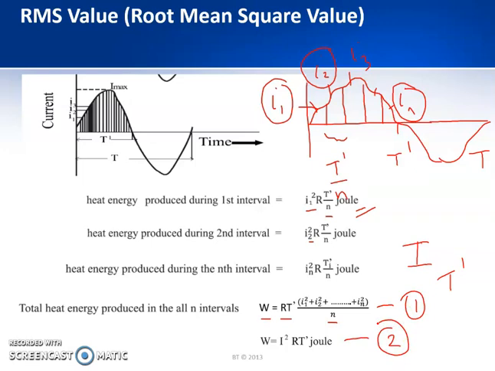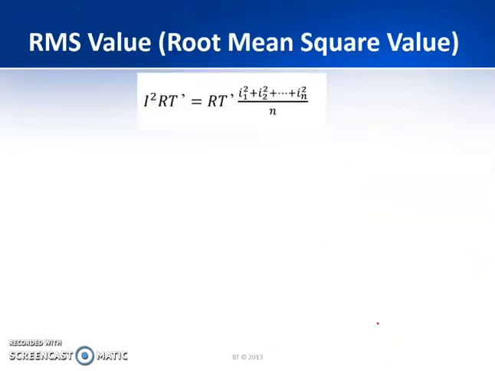Now we will equate equations 1 and 2. So we can write I square R into T dash is equal to R into T dash into I1 square plus I2 square etc., up to IN square, divided by N. Now we can remove R and T dash.